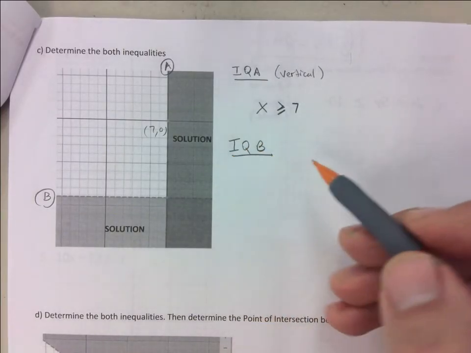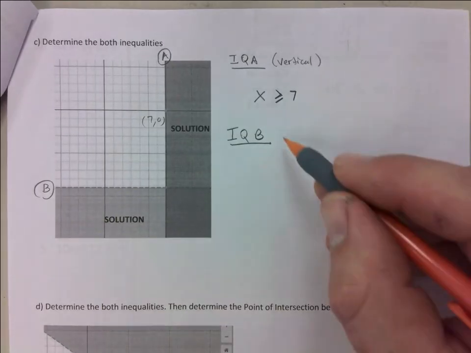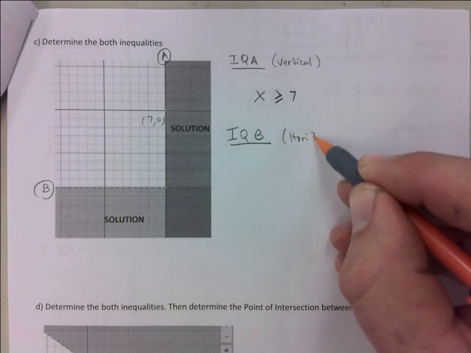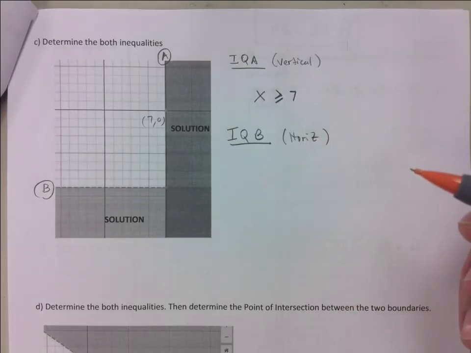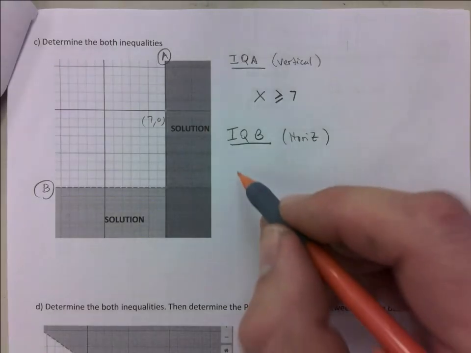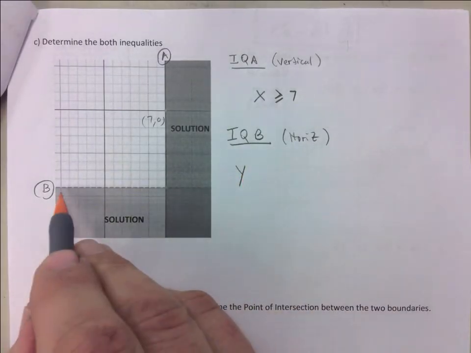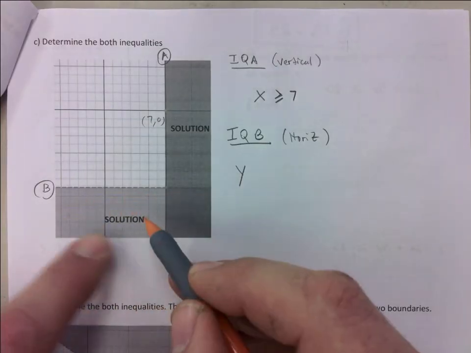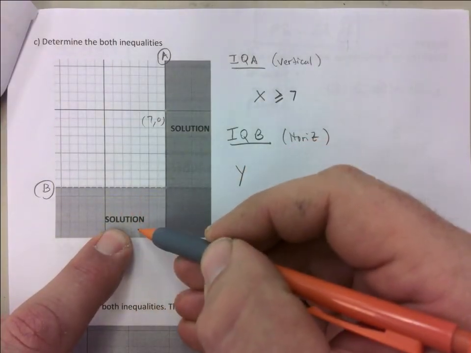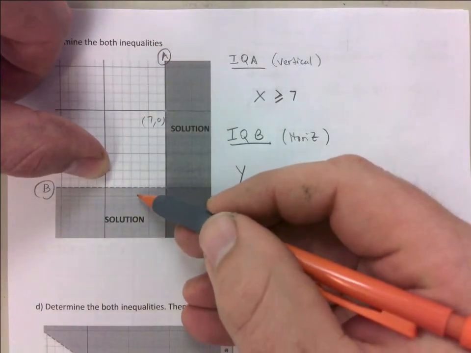Inequality B. Let's do that one. It's a horizontal. What's the only variable present if it's a horizontal? Y. The solution is below the line. Get it? If you're on this one, you're below the line.